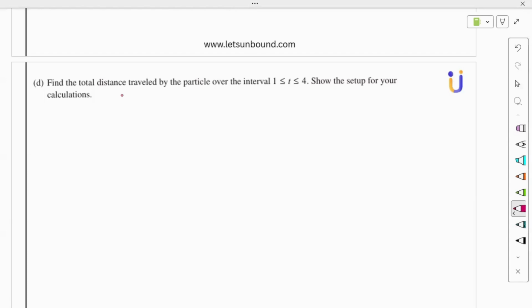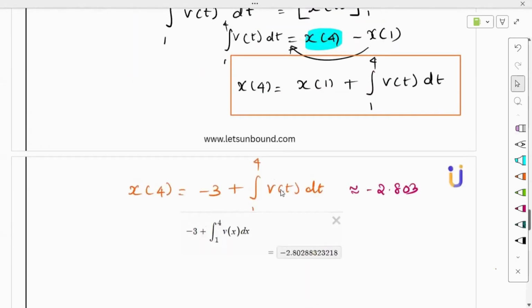Okay, total distance traveled. When it's a ln function, for every such function you should use modulus. That's the key thing. It's the integral 1 to 4 of the modulus of the rate of change function, right? Modulus of V of t dt. And we need to calculate this. So don't confuse it with the 1 to 4 we did here.